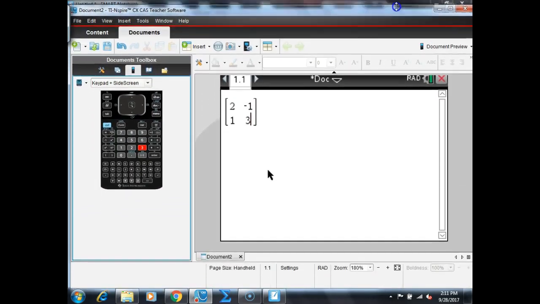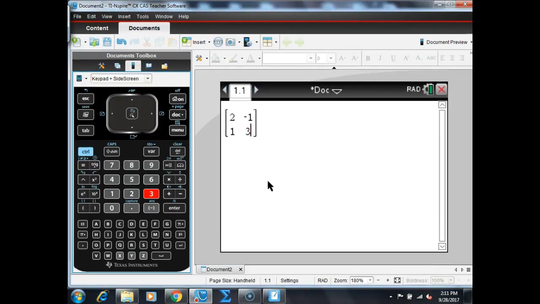Okay? And so what I'm going to do then is tab out of the matrix, and I'm going to go Control Store. That gives me my arrow, and then I'm going to name that matrix, oops, for some reason it didn't.